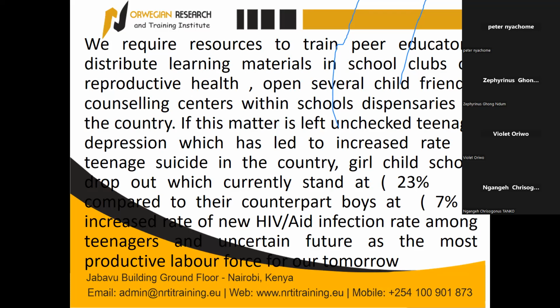So we are requesting the input so that we do activities. And if activities are done, these activities are going to yield the following output. So 1,000 boys will be trained. Girls will be trained. We must be able to talk about specific outputs.